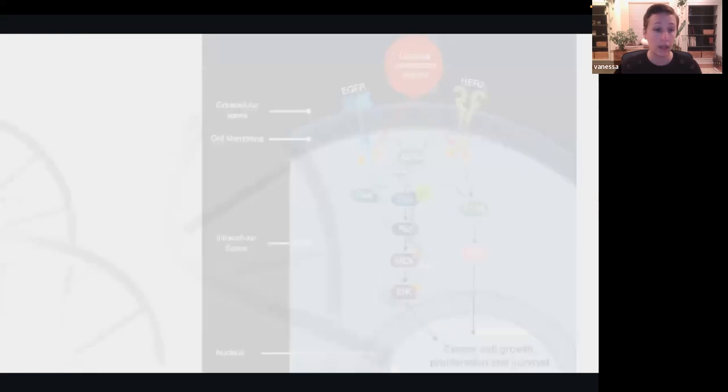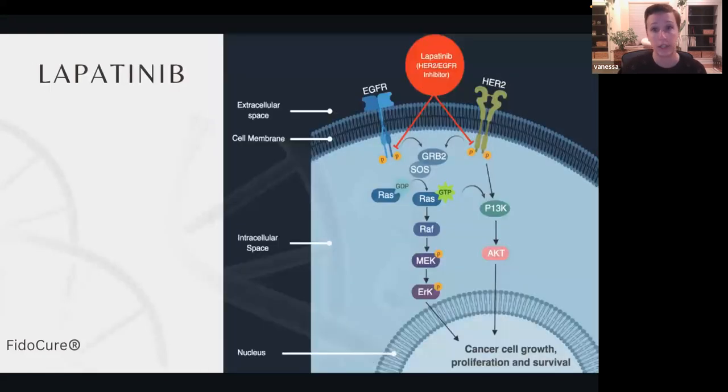So let's talk about a particular targeted therapy. This drug blocks epidermal growth factor receptor and human growth factor receptor. Both are receptor tyrosine kinases, just like Palladia blocks a receptor tyrosine kinase.